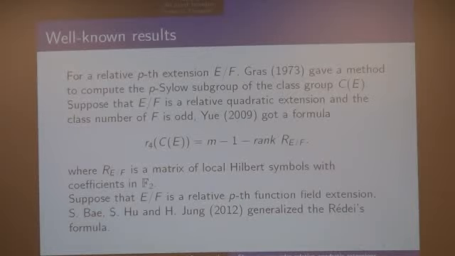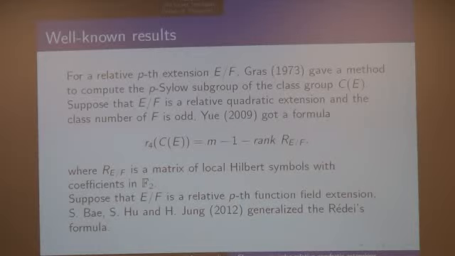I gave a formula: the 4-rank of C_E equals m minus 1 minus the rank of R_EF, where R_EF is the matrix of Hilbert symbols with coefficients in F2. This formula is like Rédei's formula.